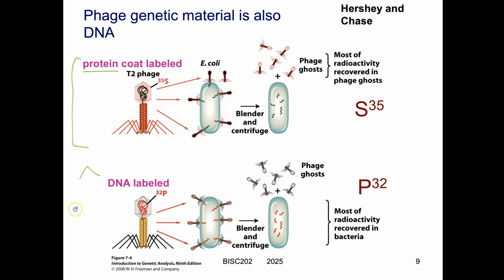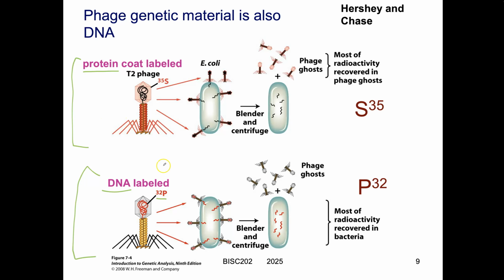And then there was another batch that had been incubated with P32, which is radioactive phosphorus, and this primarily labels DNA.